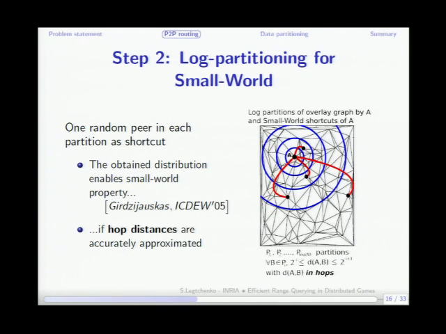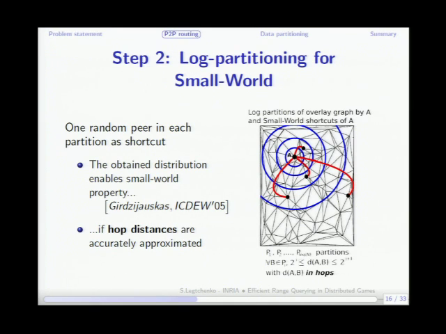So each time the distance decreases by half. It has been proven that if the peer partitions the graph in that way and chooses one random peer inside each partition, then the obtained distribution of shortcuts will be a small world.